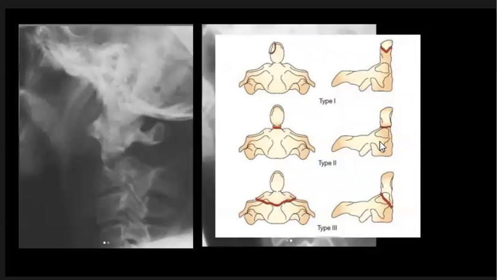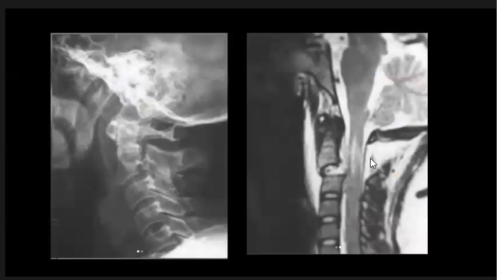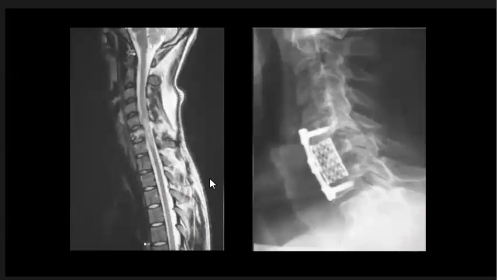And these are the types. This is type 3, hangman fracture, as we see here, plain film and CT and MRI.